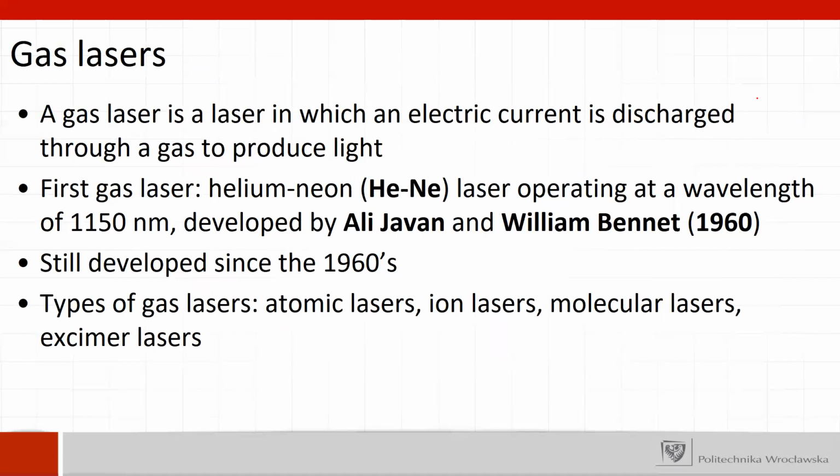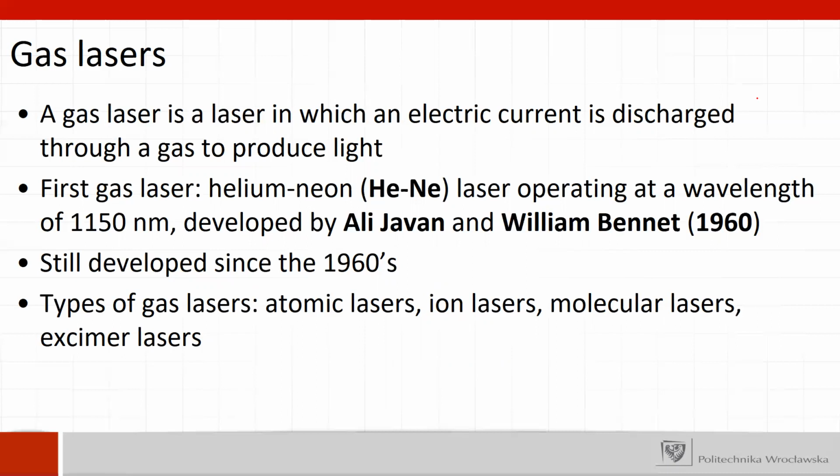Generally, a gas laser is a laser in which the emission occurs from atoms in the form of a gas, and we induce an electric discharge in this gas to produce the light.